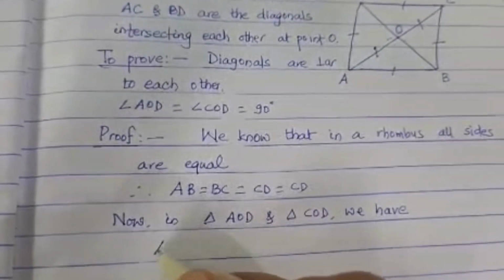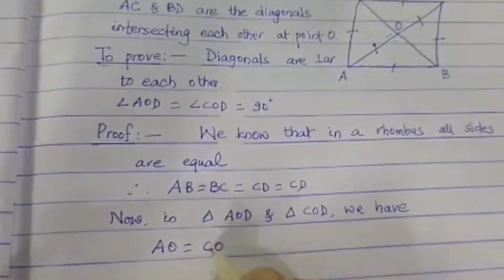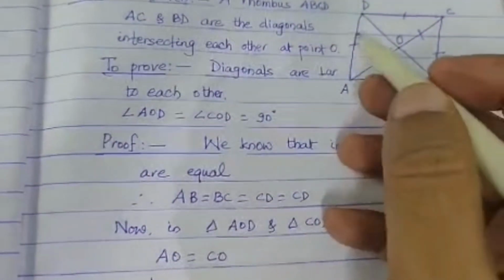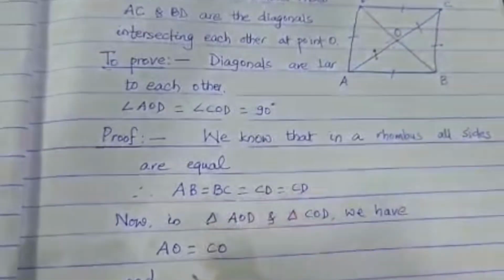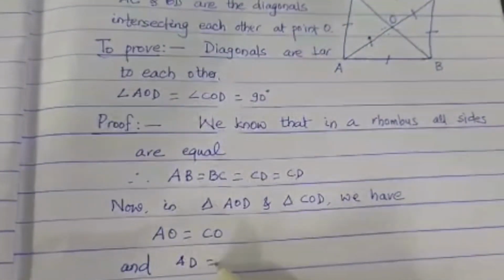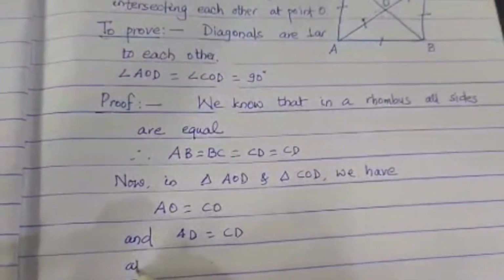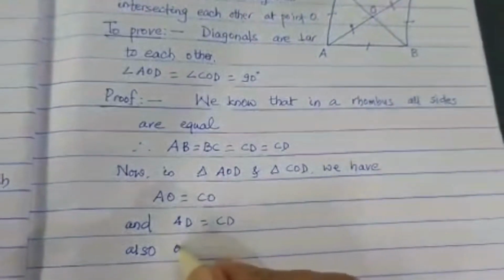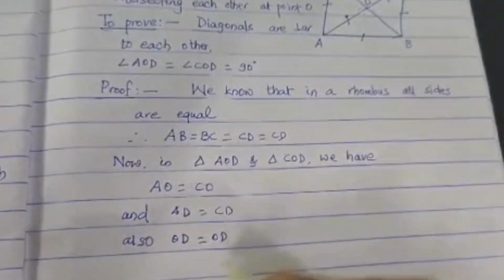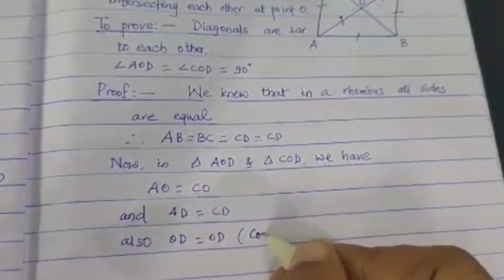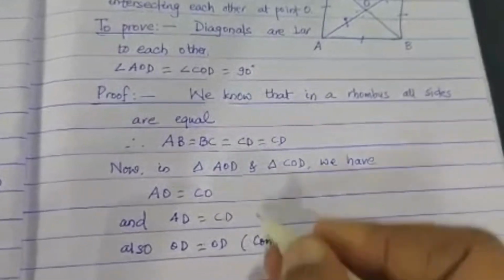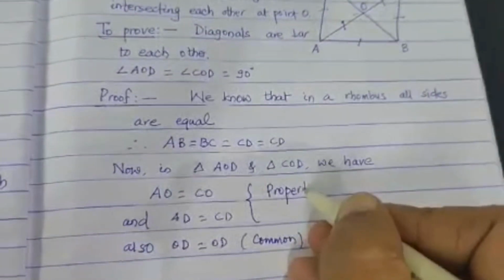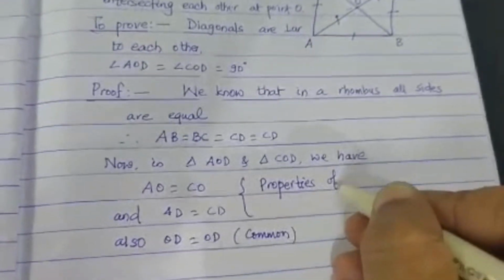We have AO is equal to CO, and AD is equal to CD. Also OD is equal to OD, this is common. And these are the properties of a rhombus.